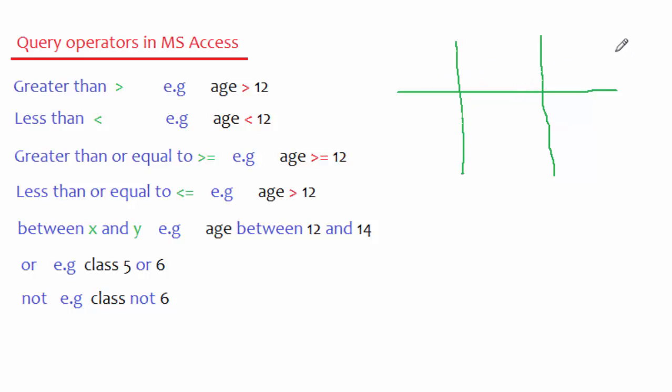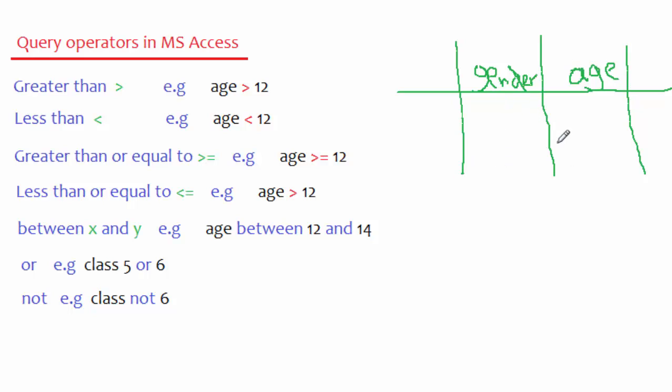Assuming I have two columns like this, and another one is maybe gender, then another one is age. It could be a table of students in a school.